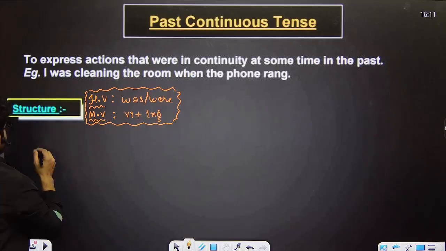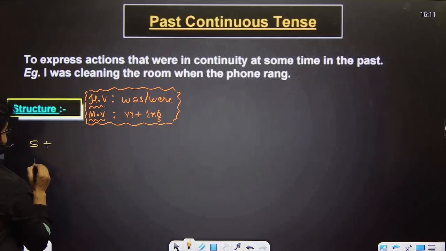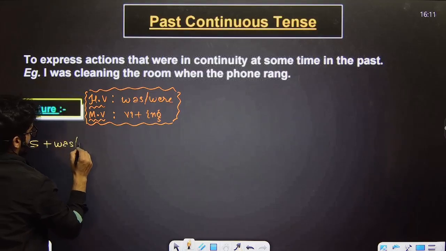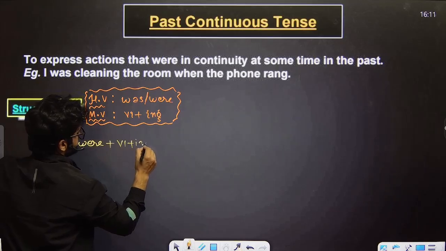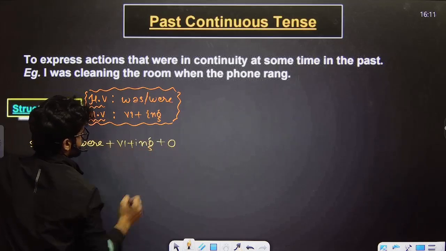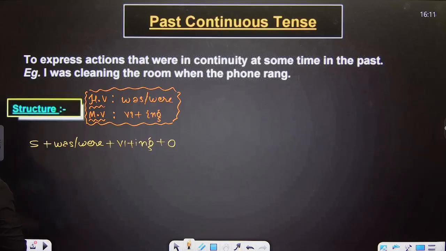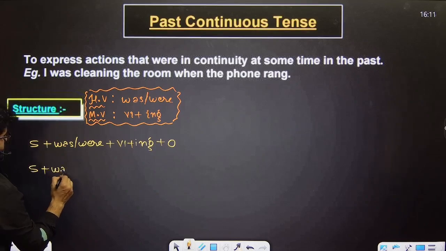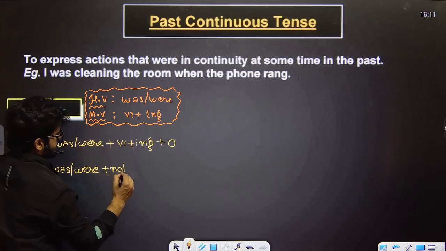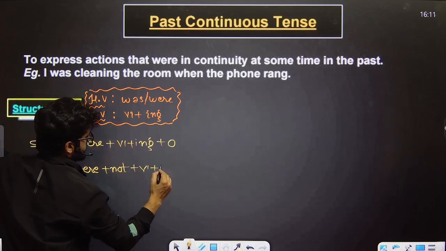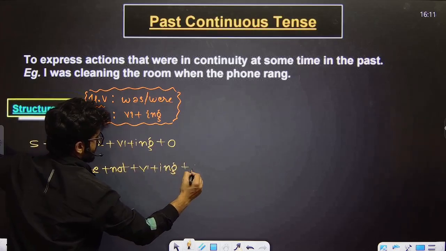Past continuous tense: it will have subject plus was, were plus verb 1 plus ing plus object. This is the affirmative case. For the negative case, subject plus was, were plus not plus verb 1 plus ing plus object.